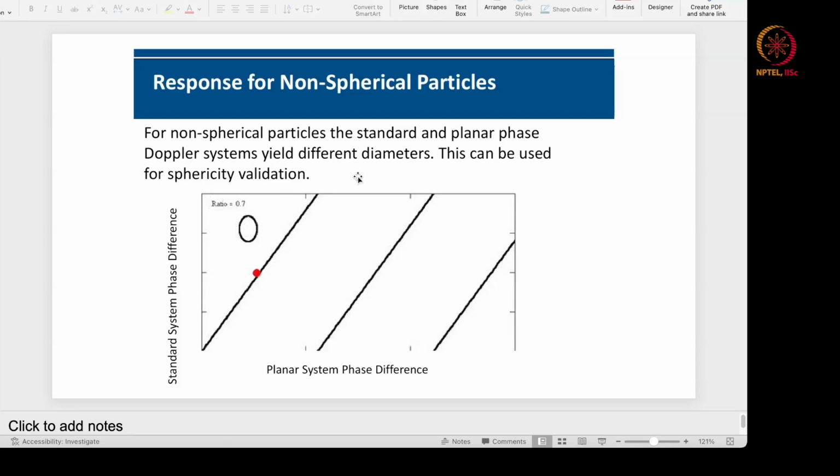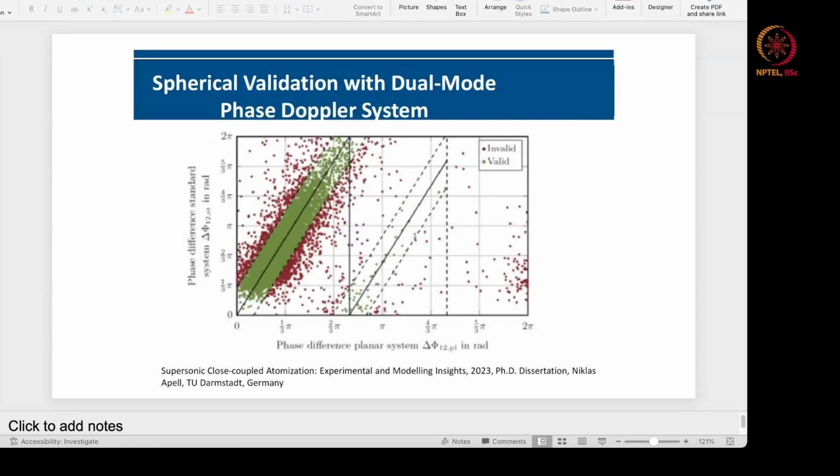Some of the equipment does have that, because non-spherical particles actually pollute your measurements, so to say. This is, for example, from Nicholas Appel, who has been our collaborator in the Indo-German Science and Technology Center project, and this is on supersonic close-coupled atomization. Close-coupled atomization is something we can talk about later, because it is not the subject here.